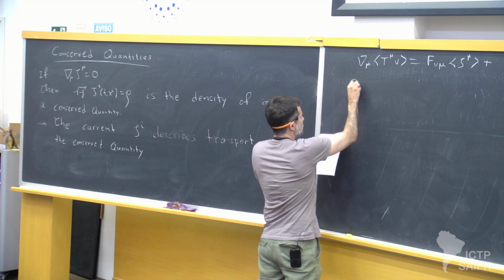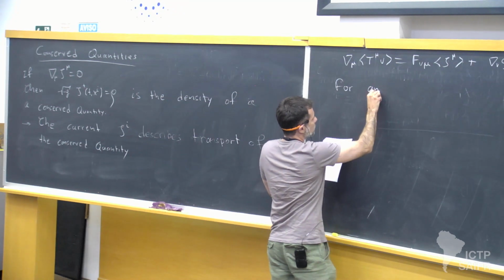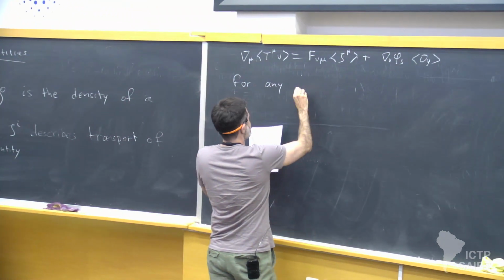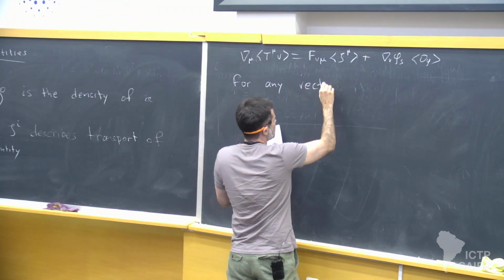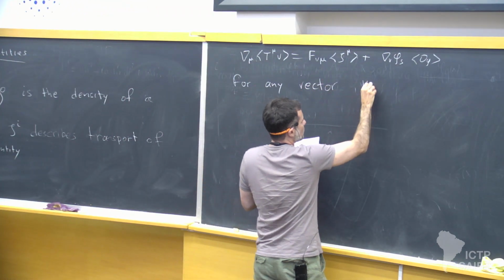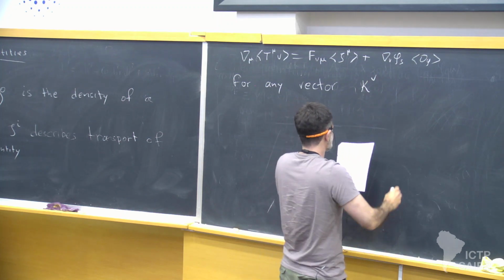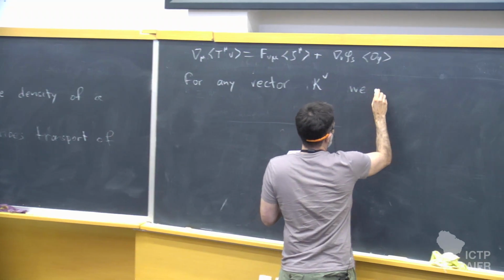Now I want to say that for any vector, just pick your favorite vector, whatever that is, and let's call it k^nu. We can write the following relation.